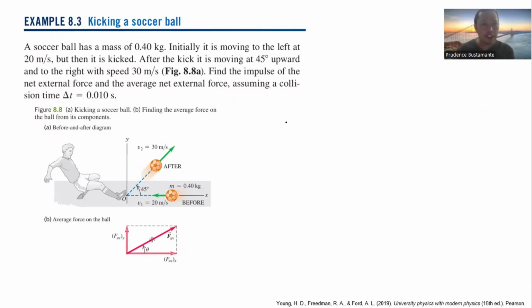What is now the average force, the net external force, assuming that the collision is this one? For letter B, since we already have the magnitude of J, the magnitude of J is equal to the magnitude of F average times the time interval.